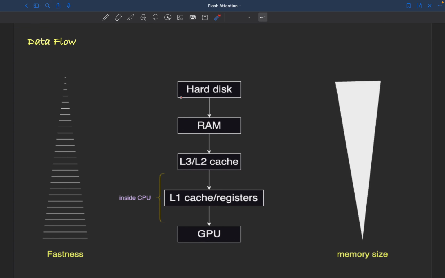When it comes to deep learning algorithms, we all know that the GPU has the capacity to execute those algorithms much faster compared to CPUs, just because of the parallelism and some other related stuff. We will look into those details.